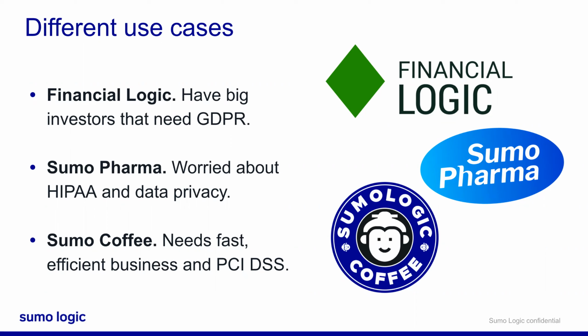This is a small retail business with a big tech idea. They want to automate the entire coffee business from bean to cup. So in addition to consumer protections like PCI DSS, their main concerns include keeping computing costs down while their startup grows. So these are 3 different scenarios that we can utilize, and we're going to use one of these shortly.